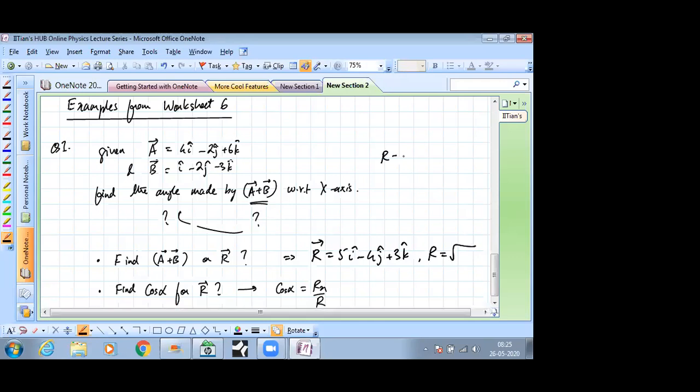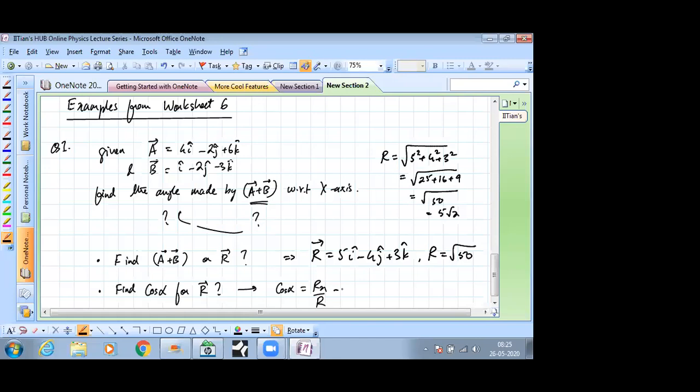Square root of x square, so that is 5 square, plus y square, so that is 4 square, plus z square, so that is 3 square. So square root of 25 plus 16 plus 9, so that is square root of 25 plus 25, so 50, or 5 root 2.